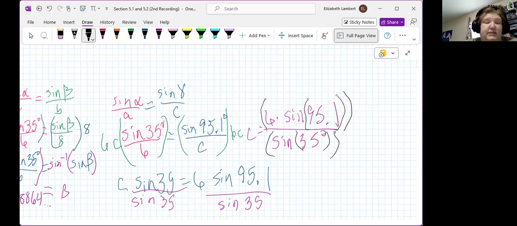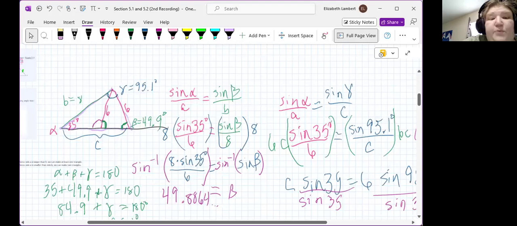So 6 times the sine of 95.1, close and close, divided by open, the sine of 35, close, close. So this tells me that C is 10.419, and so on.